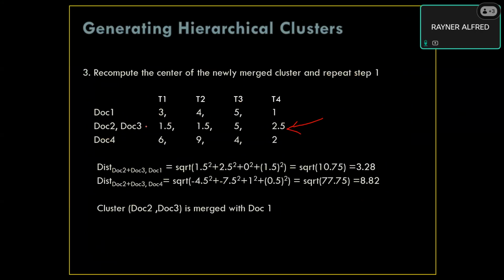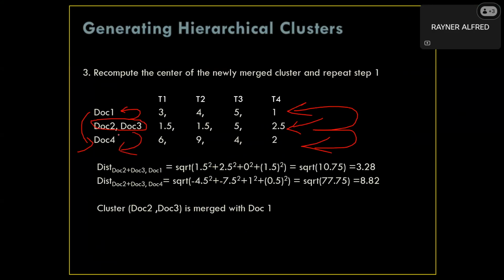So from here, because we already completed this one, now we want to compute the distance between this to this and this to this. So the newly combined cluster to document 1 and document 3 and document 4. Okay, so we get this one.